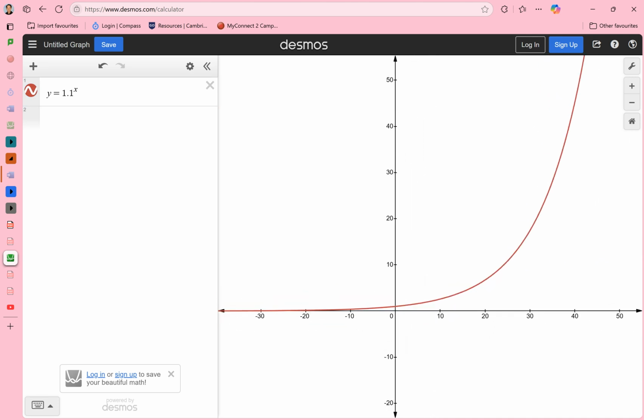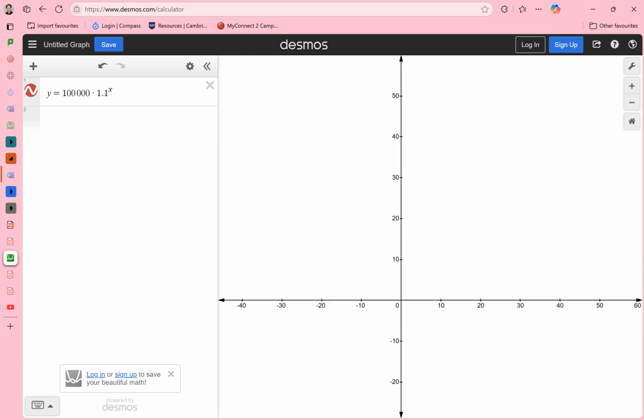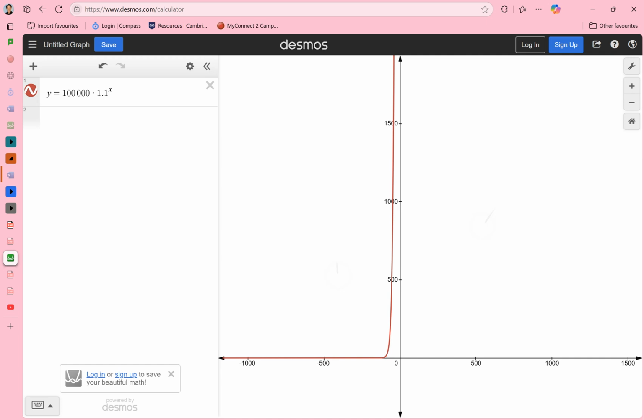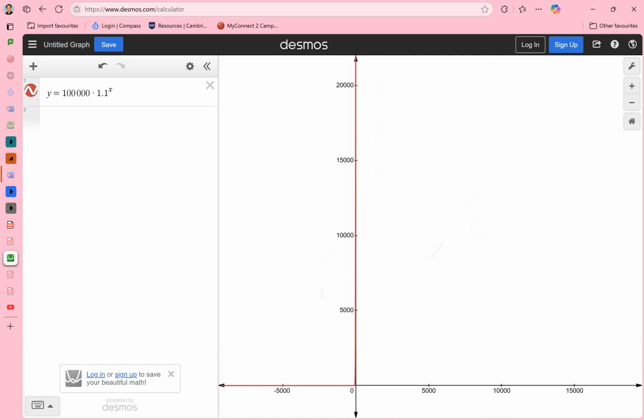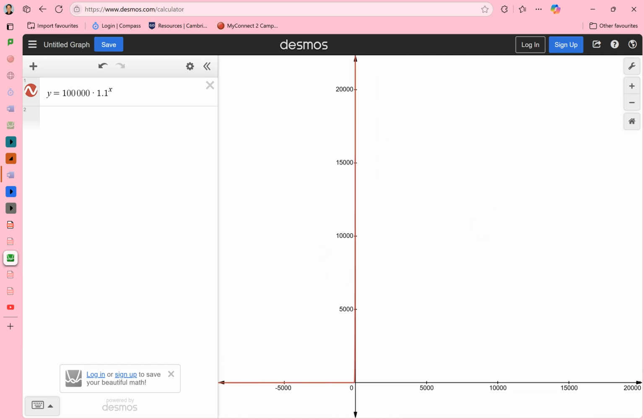The only difference is you're not starting off at $1. You're starting off at 100,000 dollars. So if I zoom out, you can see this is what the graph would look like. Well, I have to adjust the x-axis and all that. But that's an exponential graph.